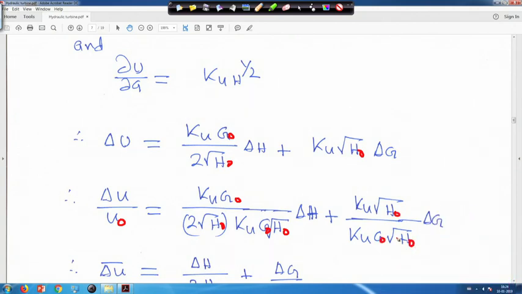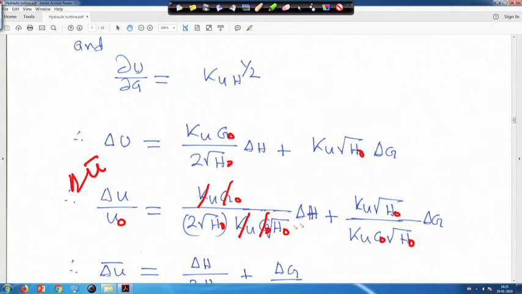So, that means if you normalize it, the delta u upon u 0 will be delta u bar, right. And here if you look into this, the g 0 will be cancelled, and ku will be cancelled, and it will be root h 0. In this term, delta h upon 2 h, g 0 will be cancelled, ku will be cancelled.